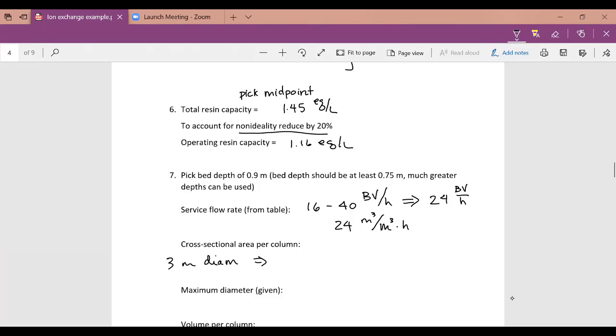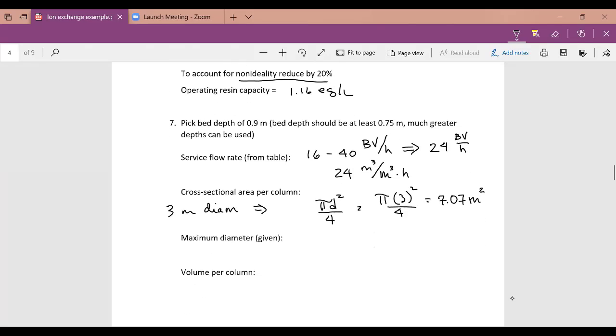We stated in the original problem that we would use a 3-meter diameter. So the cross-sectional area of a column is pi d squared over 4, which is pi times 3 squared over 4, which is 7.07 meters squared. So that's the cross-sectional area.